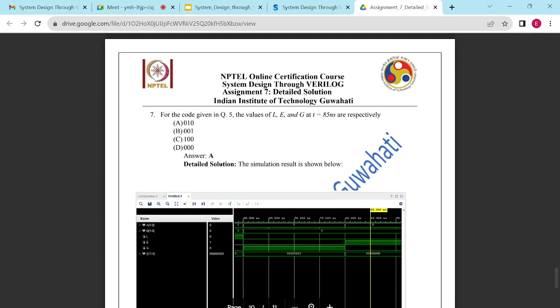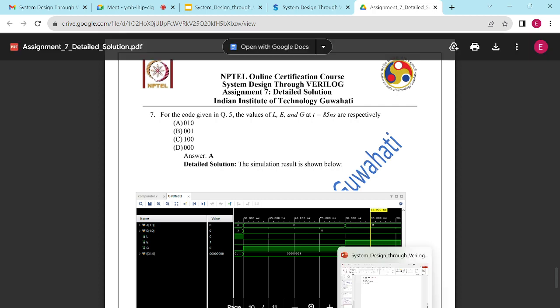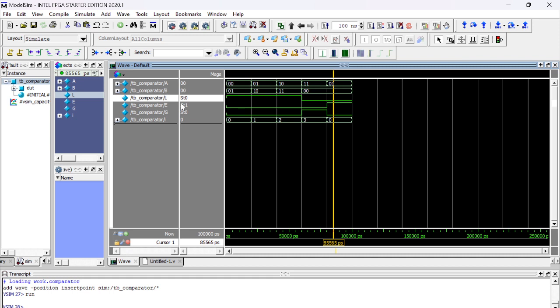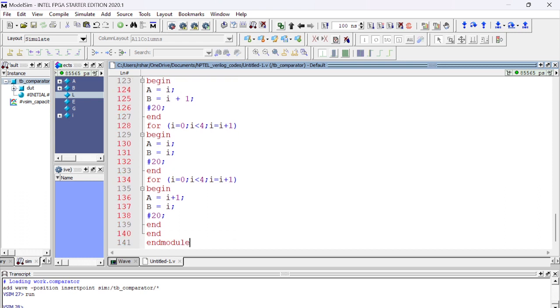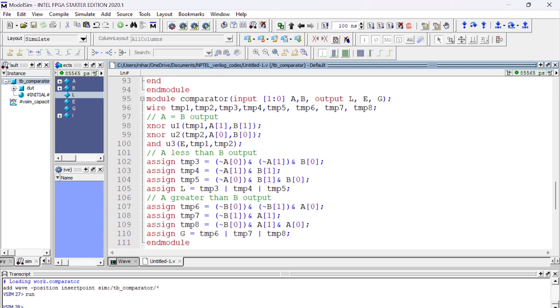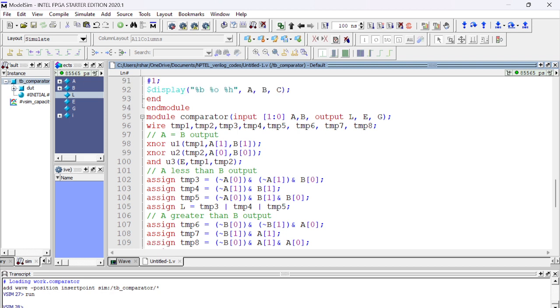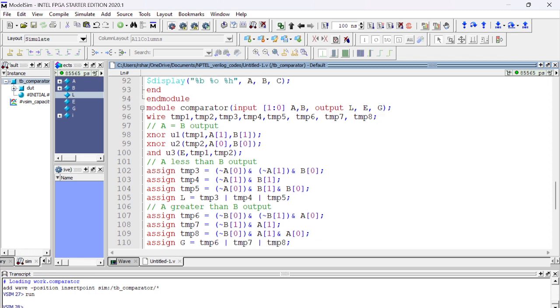Seventh question. LEG 010. If you see the code, at 85, the output of this comparator is LEG, meaning less than, equal to, greater than.